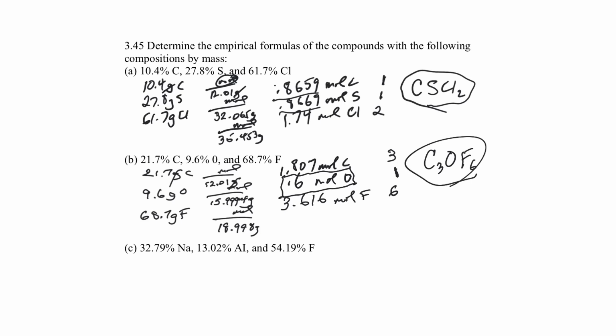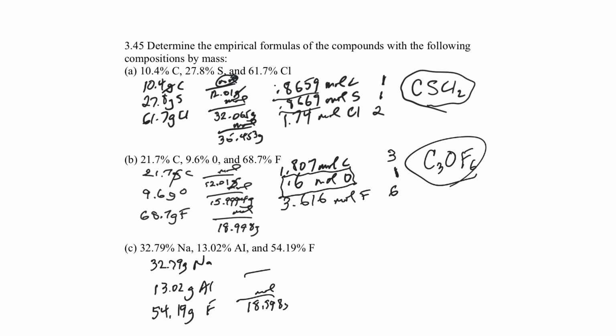Here's the last one. 32.79 grams of sodium, 13.02 grams of aluminum, and 54.19 grams of fluorine. I can steal fluorine because I just had it. So this is 18.998 grams per mole. Aluminum I have to look up.